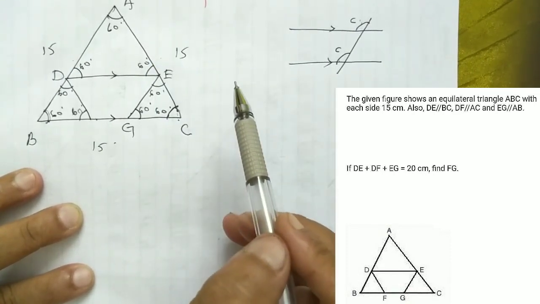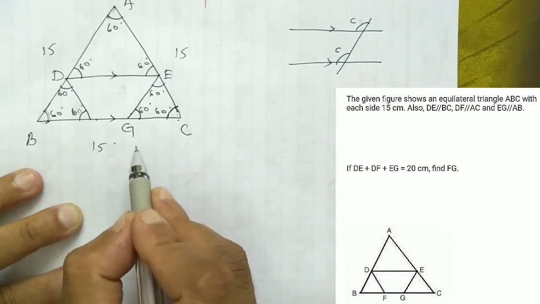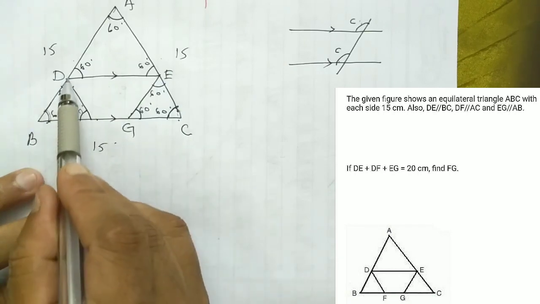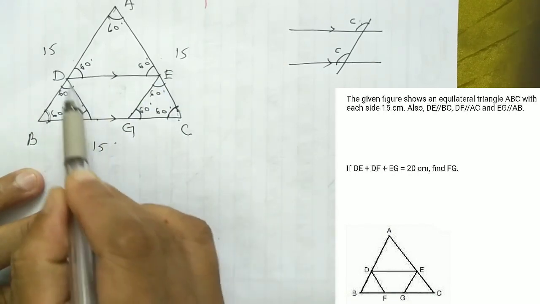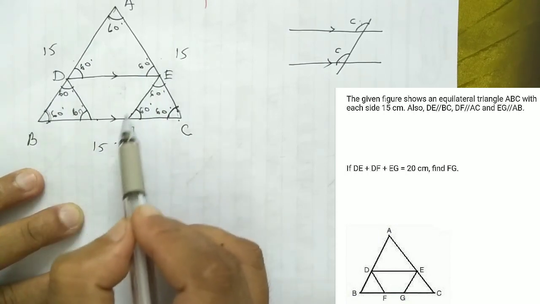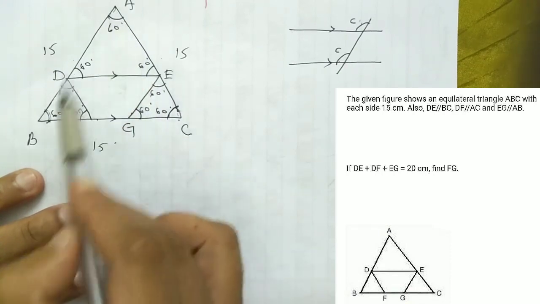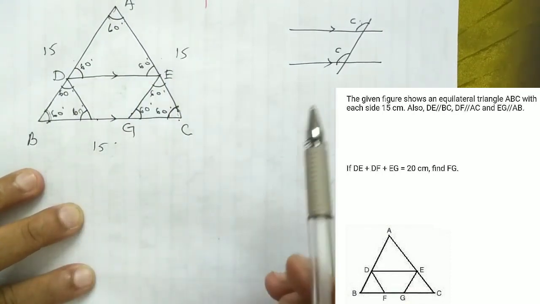Okay. Now let's see what we can do here. See, it's given that we got a lot of equilateral triangles here. Like this is an equilateral triangle, this is another equilateral triangle, and this is another equilateral triangle, and this is already an equilateral triangle which is given in the question.